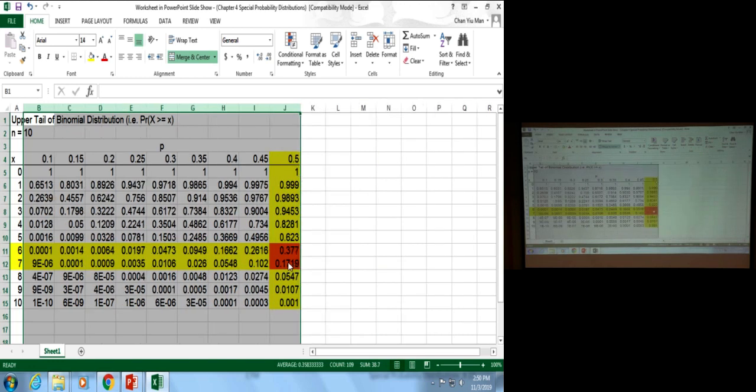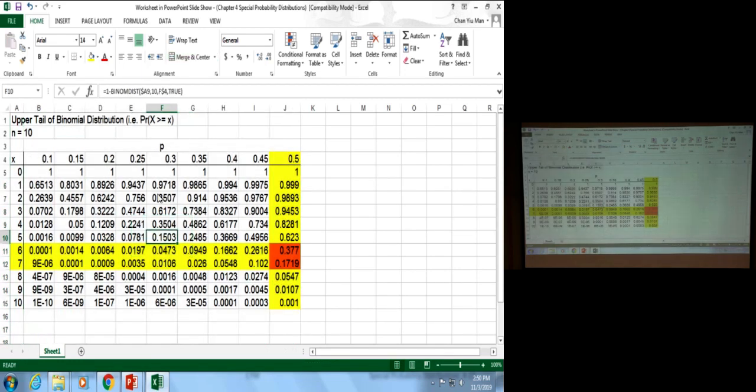Okay, so you can see that the probability of x greater or equal to 6 is 0.377, and the probability of x greater or equal to 7 is 0.719. So the difference of these two will give you the answer, the probability of x equal to 6.